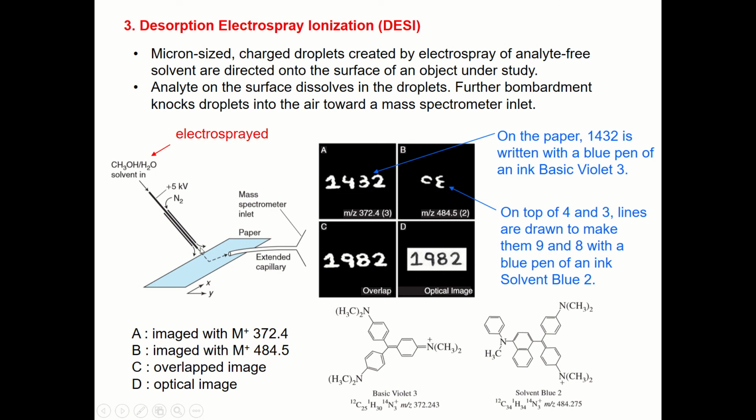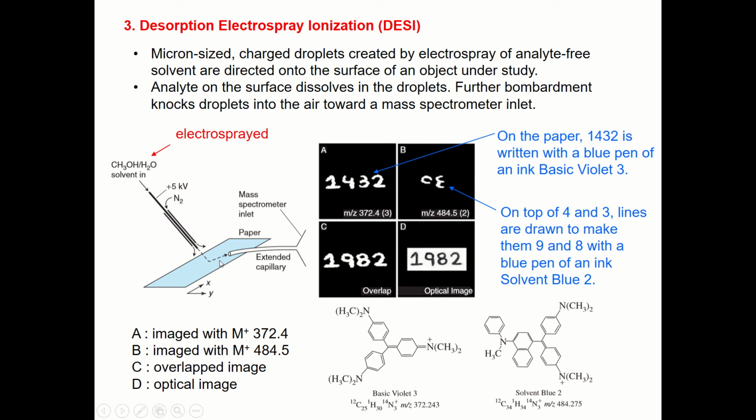You see here, this electrosprayed species now hit the surface, and species from the surface are dissolved, and then they are detected. And usually this probe is scanned over the surface.